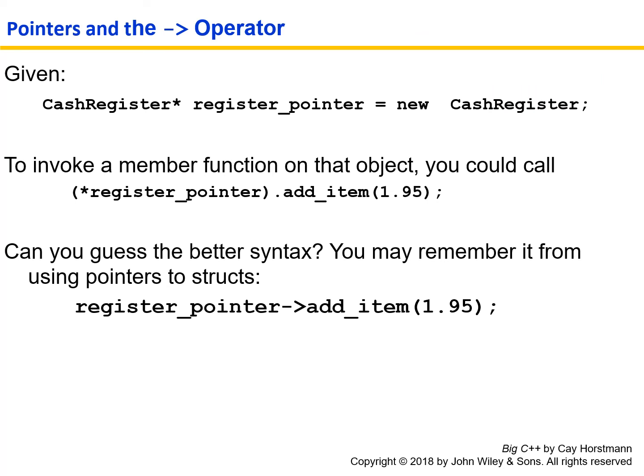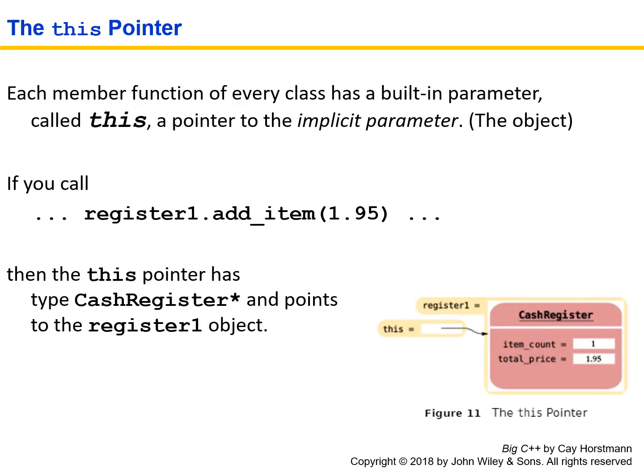As you remember with pointers to structs, instead of writing parens star register pointer dot add item, we can just write register pointer and the arrow operator and the word add item. Every object has a built-in parameter called this that points to basically itself, to what we call the implicit parameter of the object.